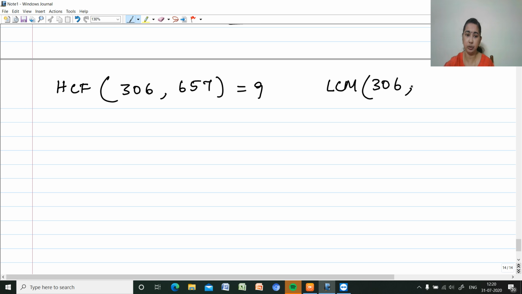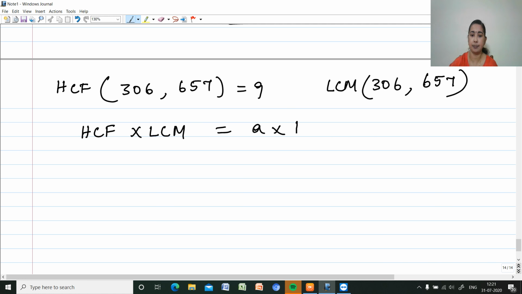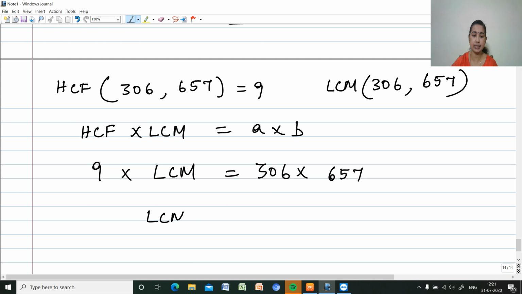As usual, we know that HCF into LCM gives the product of the two numbers. Here HCF is given as 9, but LCM we are supposed to find. The product of two numbers is 306 and 657. We can find the LCM.